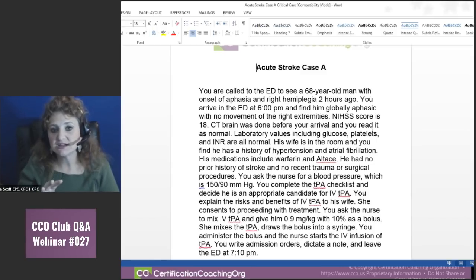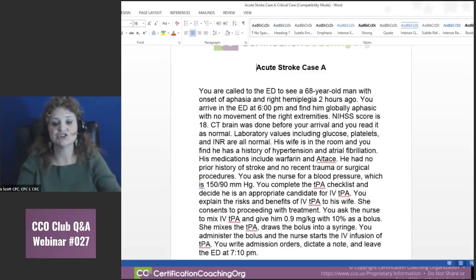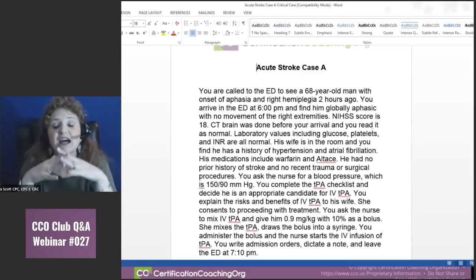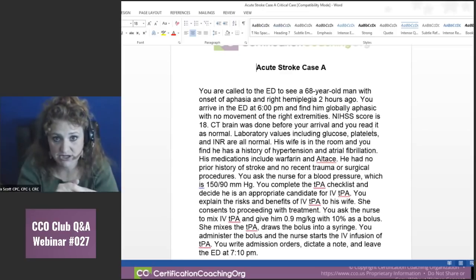So let's look at this from an abstracting standpoint, right? We're only dealing with 2 codes. We already know. So it's going to give us practice counting time. But as we do that, because it's such a great example of a stroke patient, let's see the type of verbiage that should leap off the page to tell us this is a critical patient.